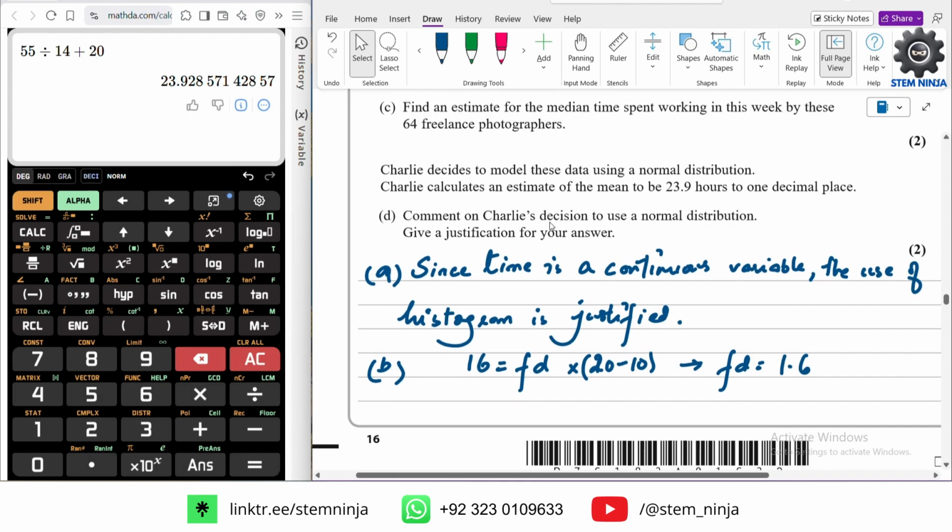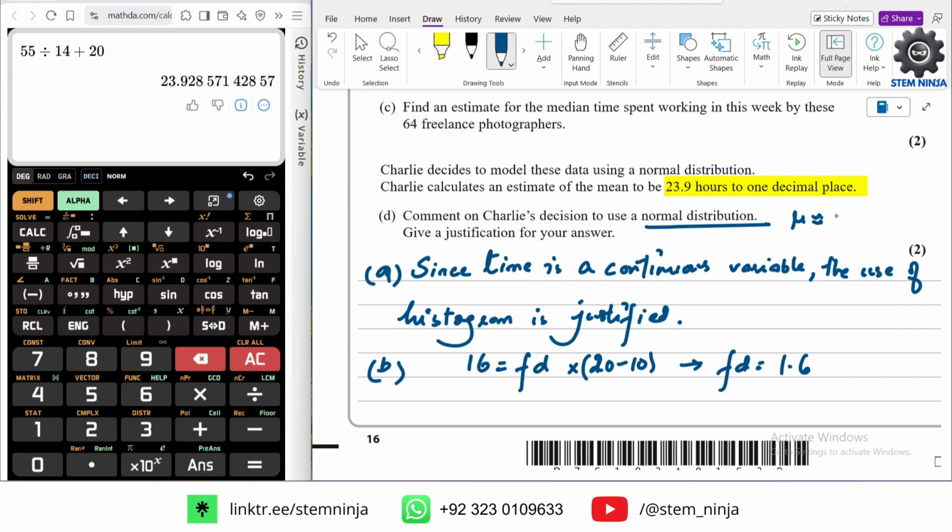Charlie decides to model these data using a normal distribution. Charlie calculates an estimate of the mean to be 23.9 hours to 1 decimal place. Comment on Charlie's decision to use a normal distribution. Okay, so we use normal distribution if we can see the mean is at least close to the median and mode.